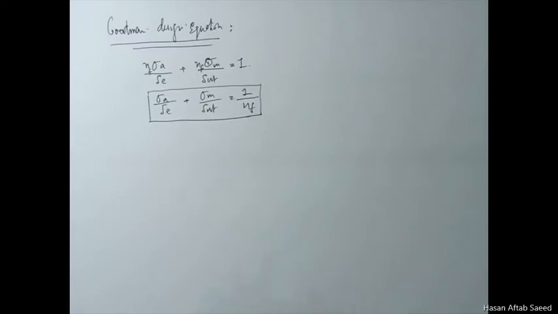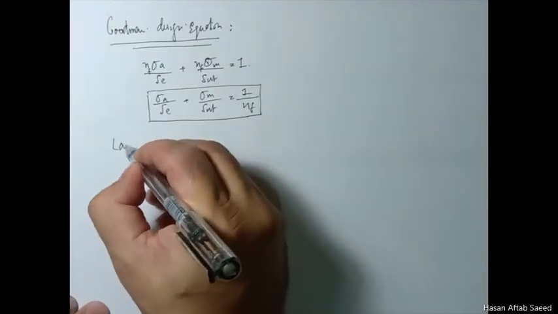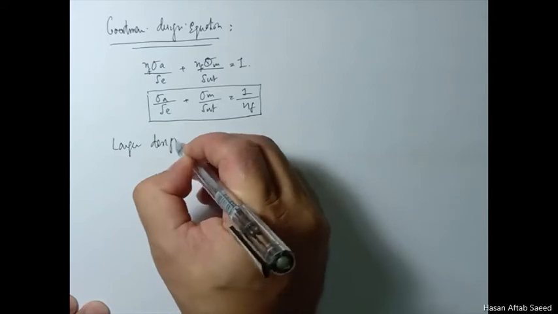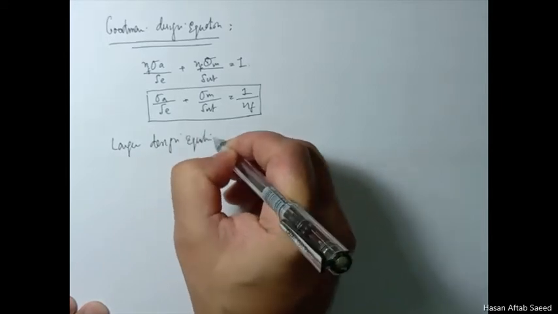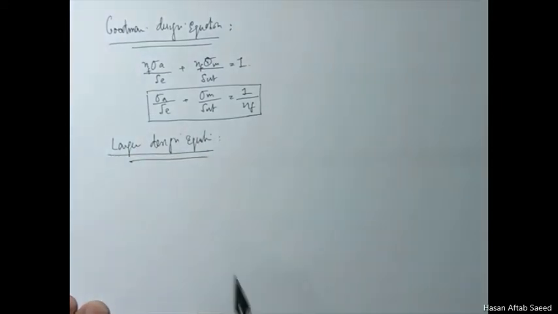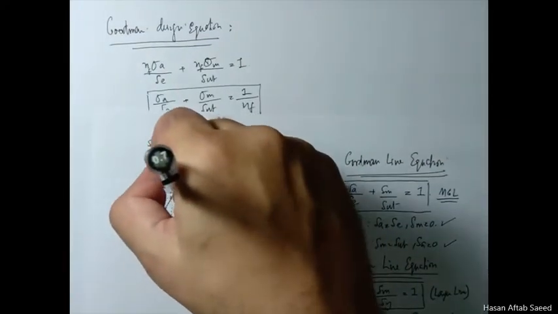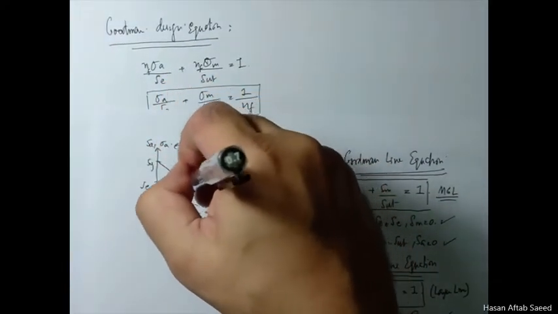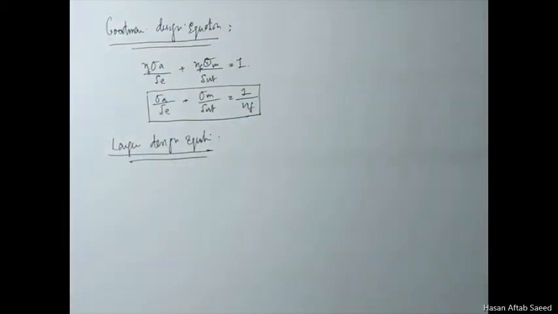Now if we take the other equation, the Langer design equation, because in design we don't desire our point to land precisely on this line. We want it to be below these lines. So again we want to incorporate a factor of safety here.